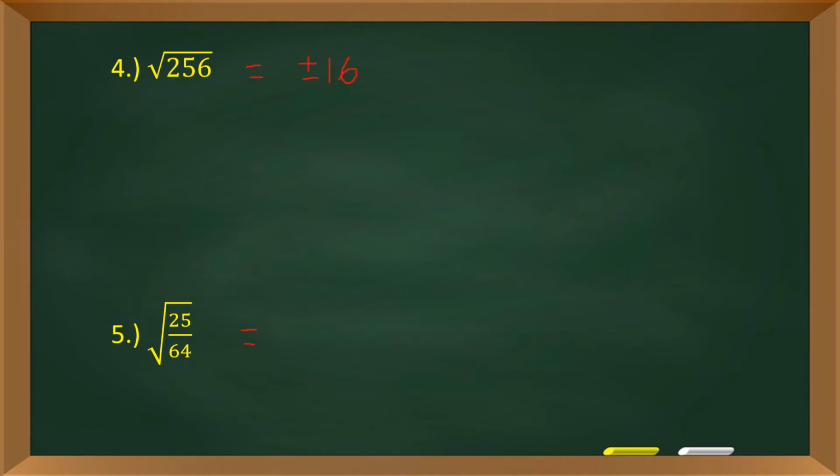In number 5, the square root of 25 over 64. As you can see, it's a fraction. So, expect that the square root of this number is also a fraction.